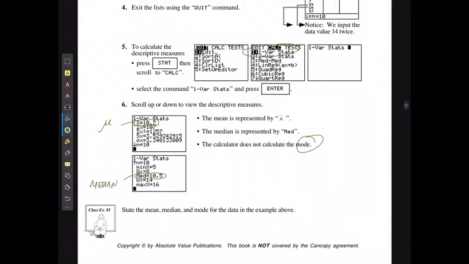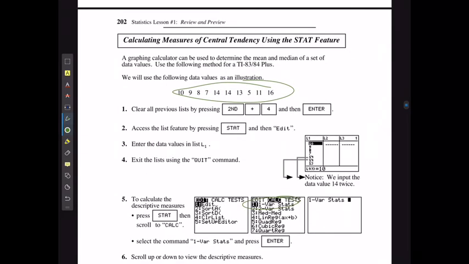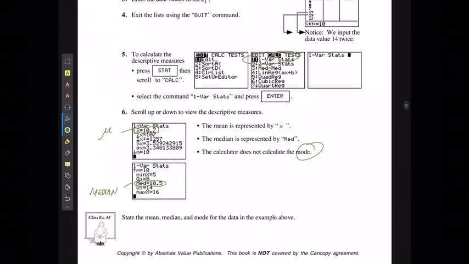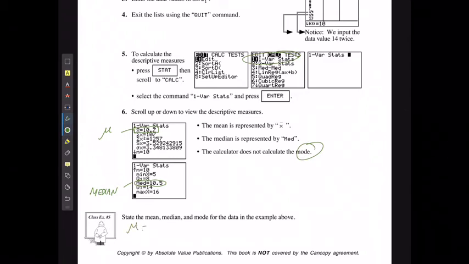So, if I'm given this set of data, and it wants me to solve the mean, the median, and the mode, well, I'm just pulling from the information that I have here. I'm going to say that mu is equal to 10.7.